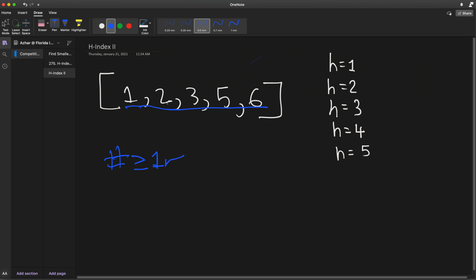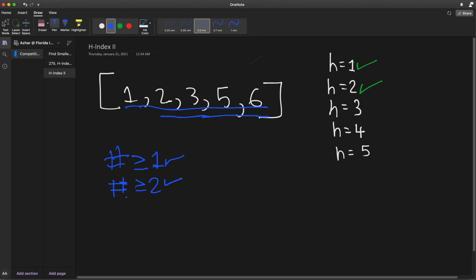So let's start with 2. Are there at least 2 values that are greater than or equal to 2? So we go here, 1, 2. There's at least 2, and they follow through the rest of this array. So that is true. Because of that, there is a possible h index of 1, and there's also a possible h index of 2.